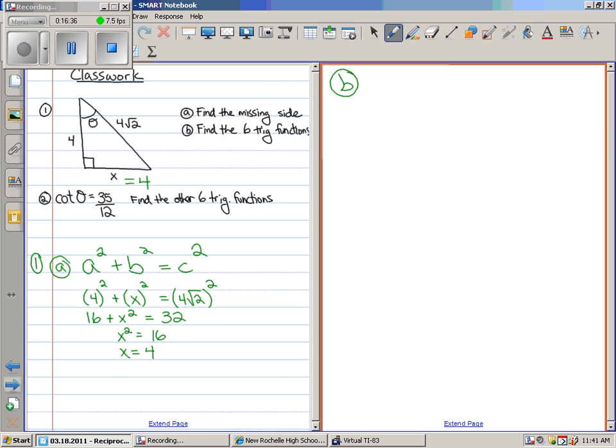So this one's 4, right? So how much is the sine of theta? Sine of theta is just going to be 4 over 4 rad 2. No, because that's 32 is what happens when you square it.